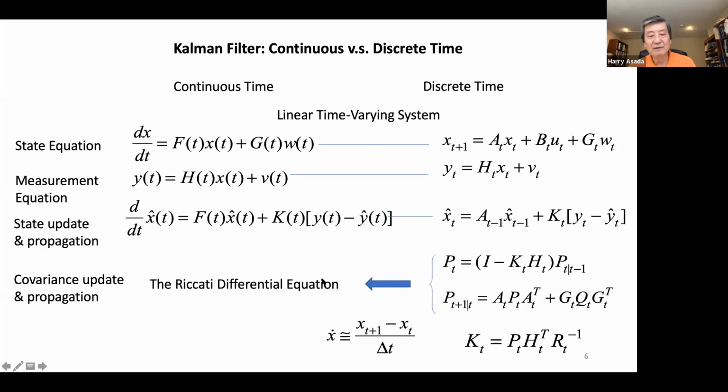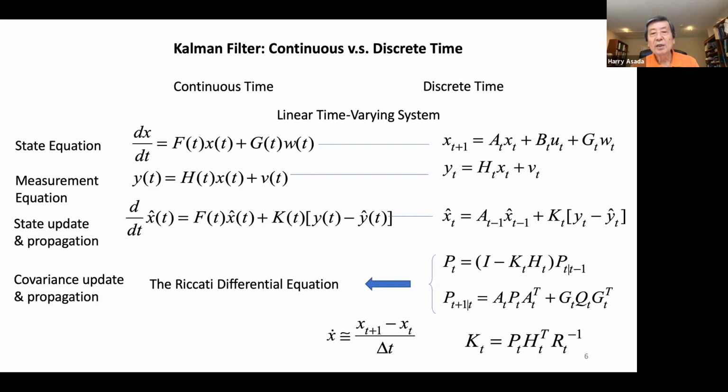This is a very succinct representation of the evolution of the error covariance P, and also a useful tool to better understand the analysis of the Kalman filter, how it behaves, and so forth.